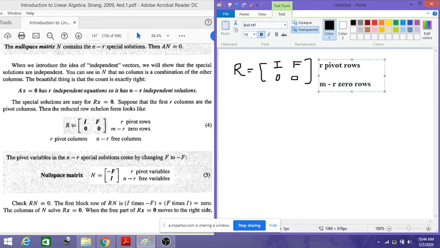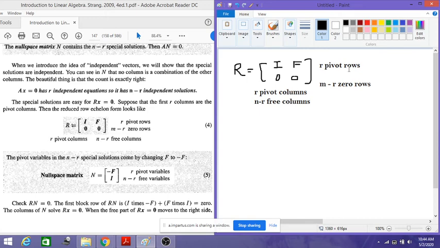In terms of columns, it has r pivot columns and then n minus r free columns. In terms of rows, it has r pivot rows and m minus r 0 rows, and it has r pivot columns and n minus r free columns.